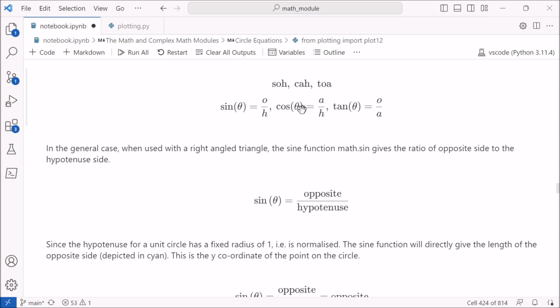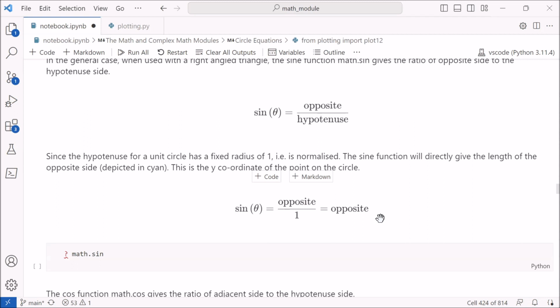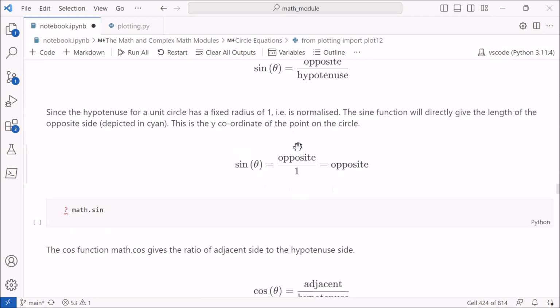The cos of the angle is the adjacent over the hypotenuse, and the tan of the angle is the opposite over the adjacent. So if we have a look at the sine of the angle, it's the opposite over the hypotenuse. This is a unit circle with a fixed radius of 1, so it's normalized. So this is effectively going to be the opposite over 1, which is going to be the opposite.